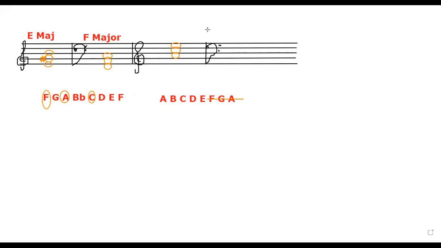So when we use this 1, 3, 5, we're going to see 1, 3, and 5, A, C, E. So this is a minor chord, because this is not C sharp, which is part of the major scale. This is a minor scale. So the answer to this question would be A minor.